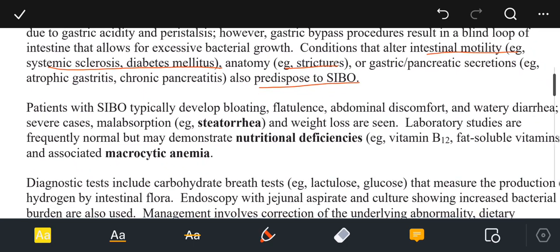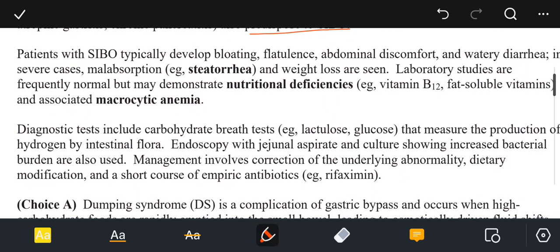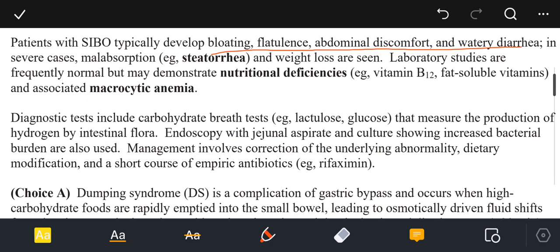Now let's come back. Patients with SIBO may develop bloating, flatulence, abdominal discomfort, and watery diarrhea. In severe cases, malabsorption, for example steatorrhea, and weight loss are seen. The lab studies are frequently normal but may demonstrate nutritional deficiencies, for example vitamin B12 and fat-soluble vitamins, and associated macrocytic anemia.